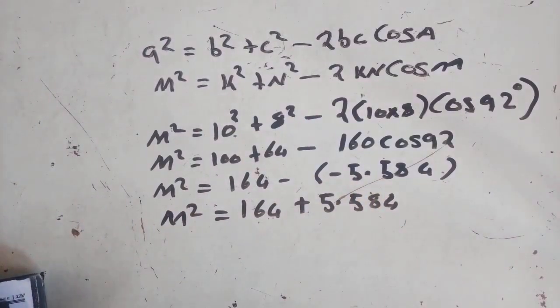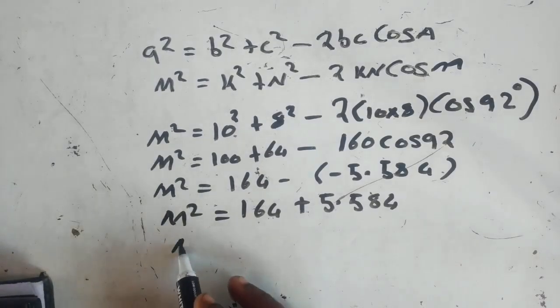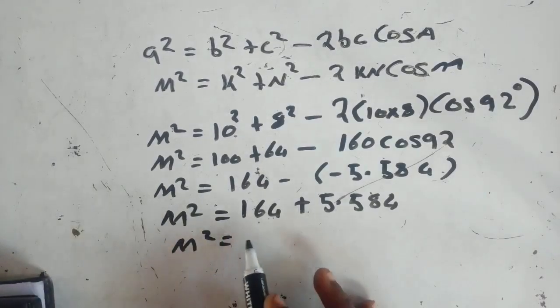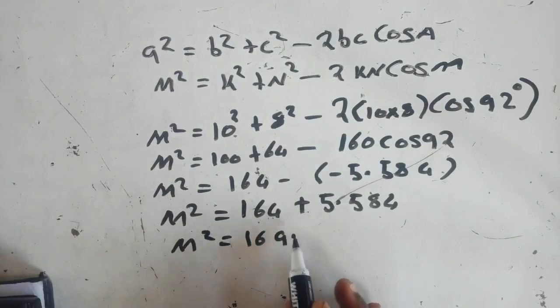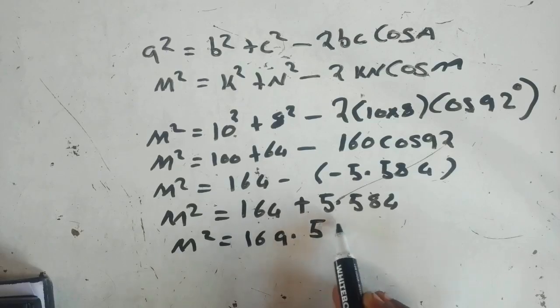Then here you can add: 164 plus 5.584 will give you 169.58. So M squared is equal to 169.58.